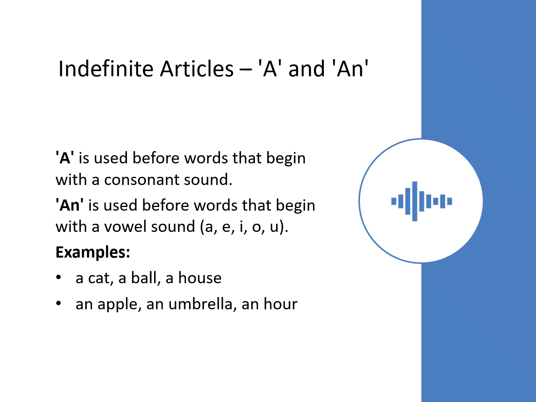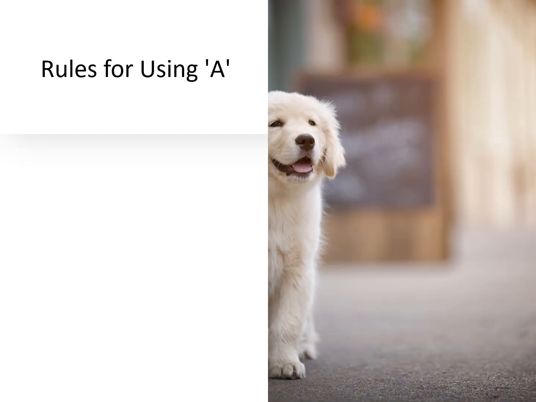Example: an apple, an umbrella, an hour. But remember, the rule depends on sound, not just spelling. So for example, an hour. Here H is silent, so the word begins with a vowel sound.